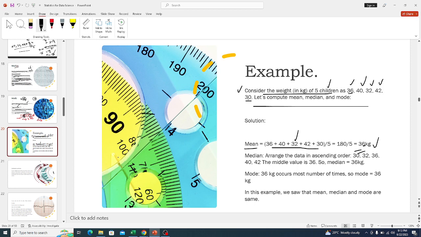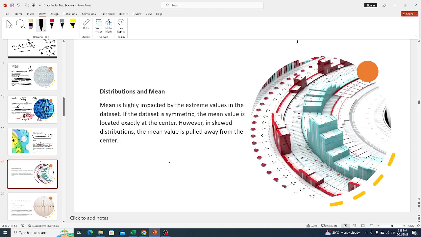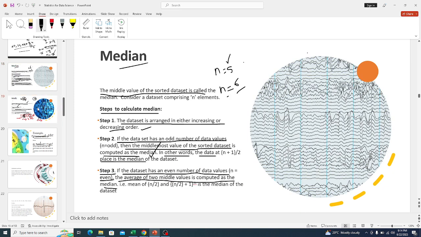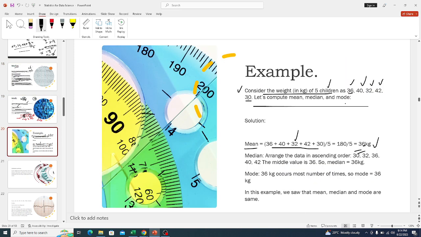For example, let me take the weight of the children, and let's assume they are within the same age set. You can see most of the weight is ranging between 30 kilograms and 40 kilograms.